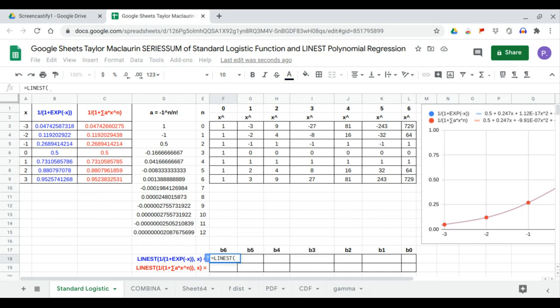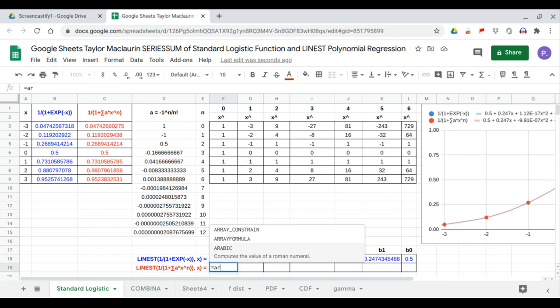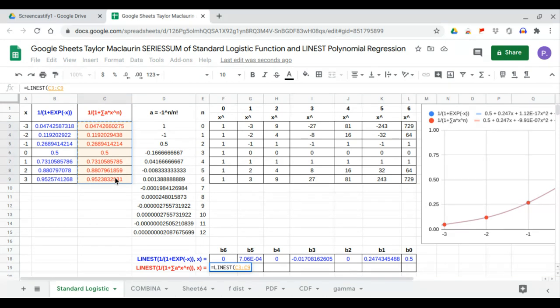So LINEST, starting with the function, the standard logistic function, data y and data x. And the Taylor-Maclaurin series sum, or the expansion, that is LINEST of data y and data x.